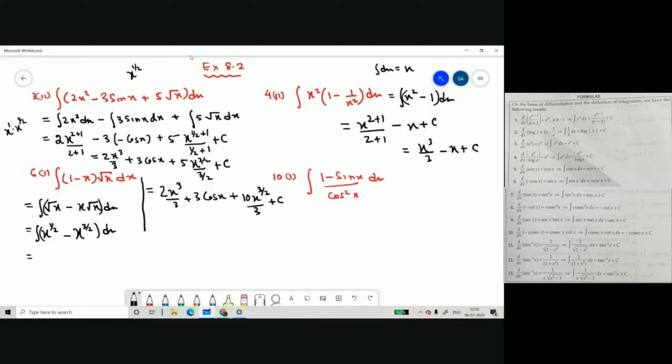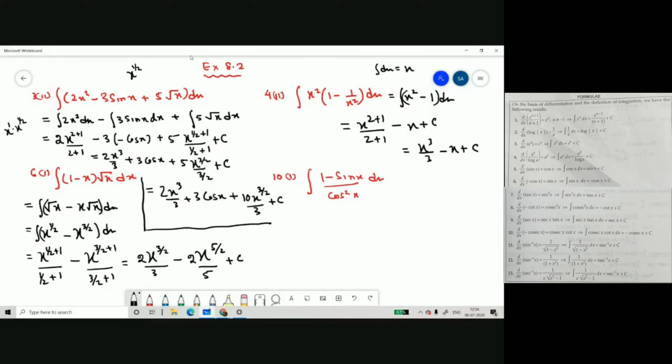So that becomes integration of x to the power half is x to the power half plus 1 by half plus 1, minus x to the power 3 by 2 plus 1 by 3 by 2 plus 1, which is equal to x to the power 3 by 2, isn't it? In the denominator 3 by 2, so the 2 goes up. Over here x to the power 5 by 2, in the denominator again 5 by 2, so the 2 goes up, plus c. Am I clear?